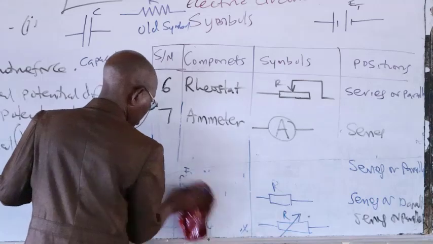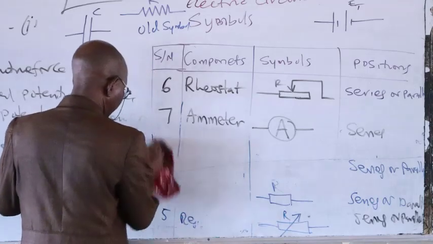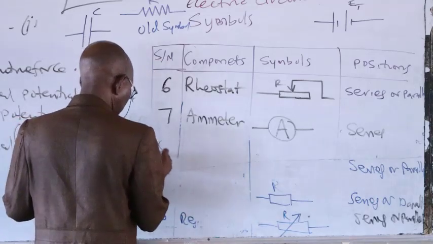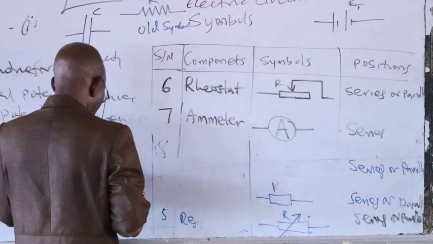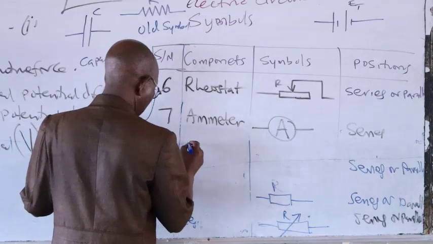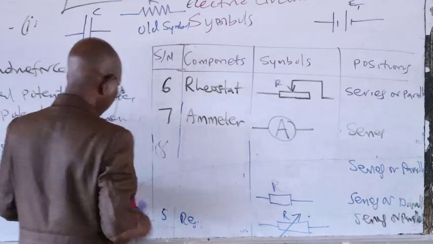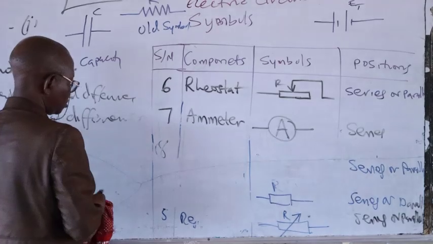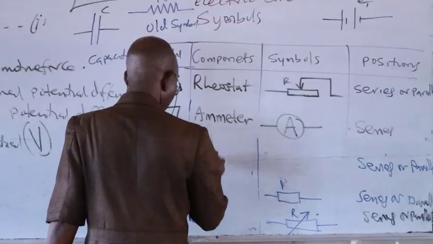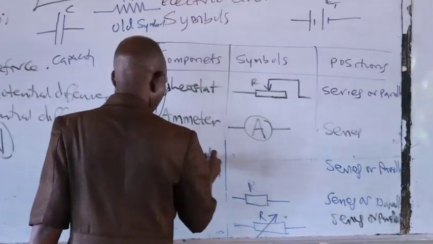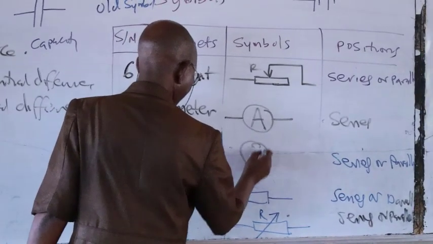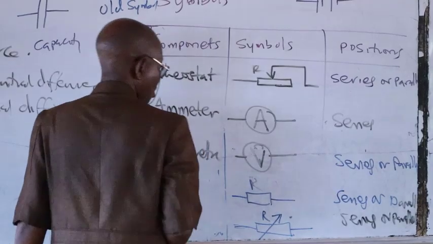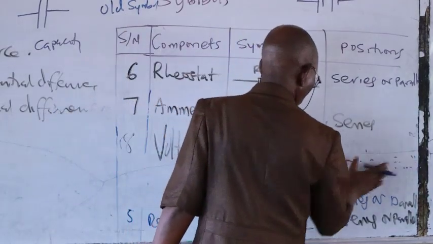Number 8, you also meet in electricity. The 8th component is the voltmeter. We have the voltmeter. And the voltmeter will have a parallel position.